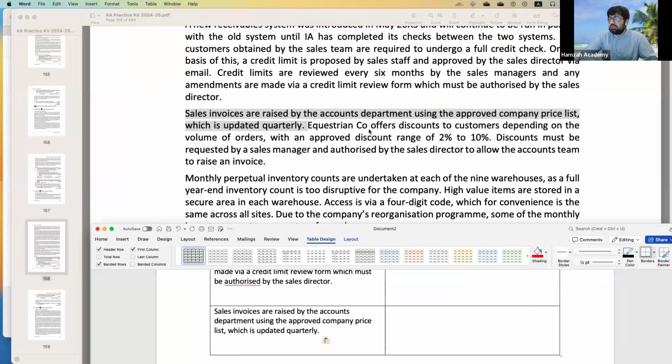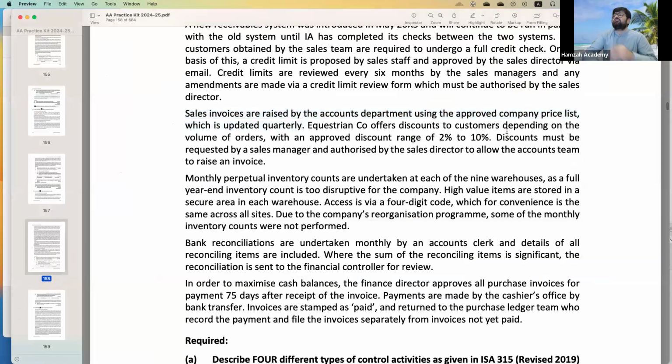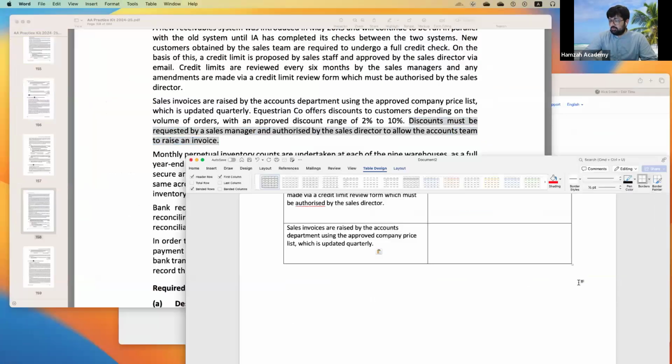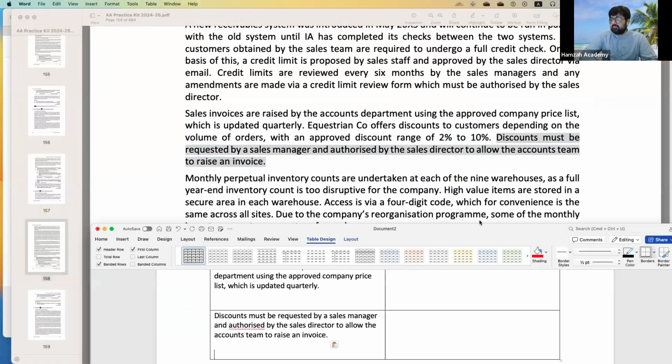Now, the company offers discount to customers depending upon the volume of orders, with an approved discount range of 2% to 10%. Discount must be requested by the sales manager and authorized by the sales director to allow the accounts team. So discount on sales. Very good. Something positive happening.